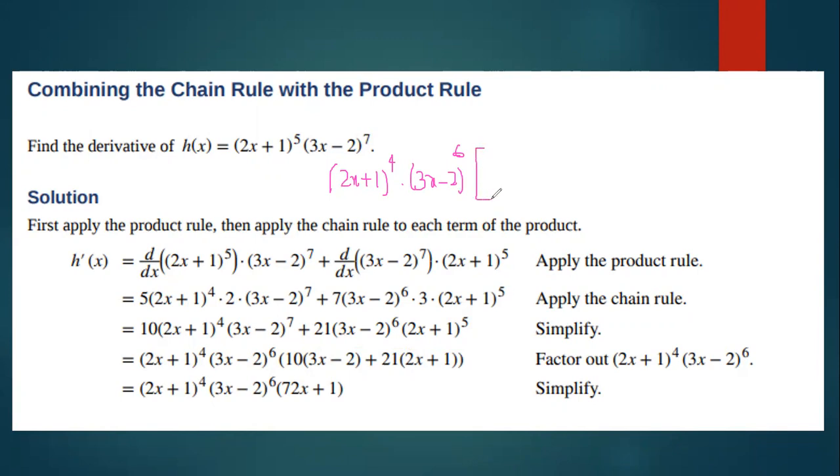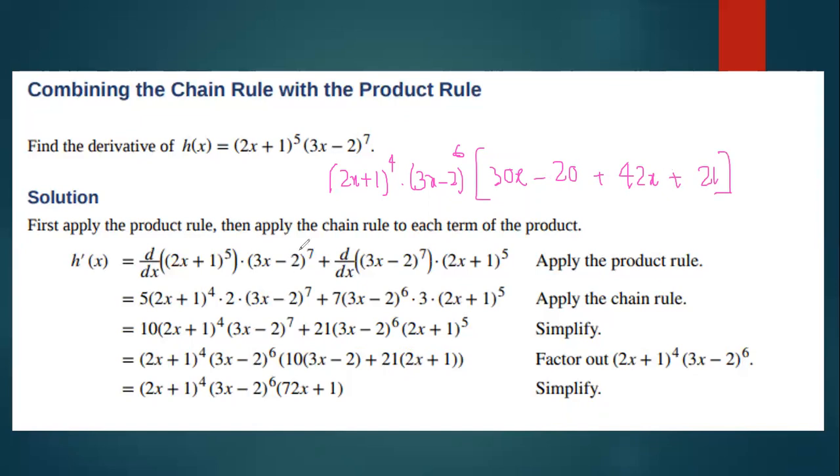Then I have to take it common, so 10 multiplied by 3x, so it will be 30x. 10 multiplied by 2 will be minus 20, plus 42x plus 21.